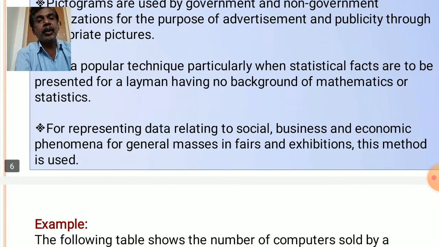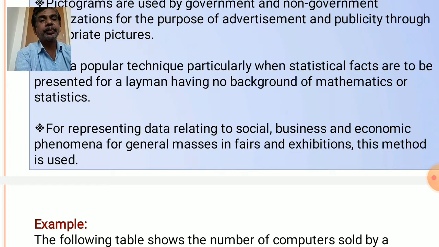And for representing data relating to social, business and economic phenomena for general masses in fairs and exhibitions, this method is used.